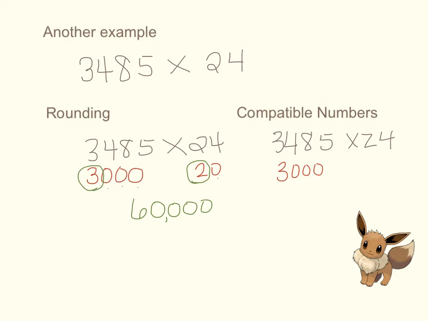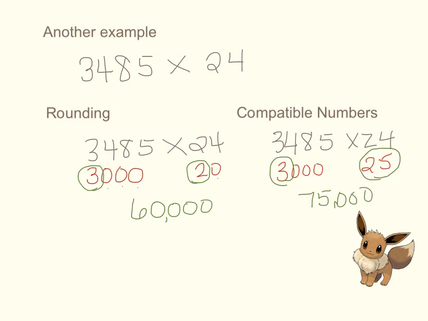So I'm going to use a compatible number of 25. So we go back and we circle the 3, and I'm going to circle the entire 25. 3 times 25, I know in my head, is 75. And the 3 zeros I'll bring down, 1, 2, 3.